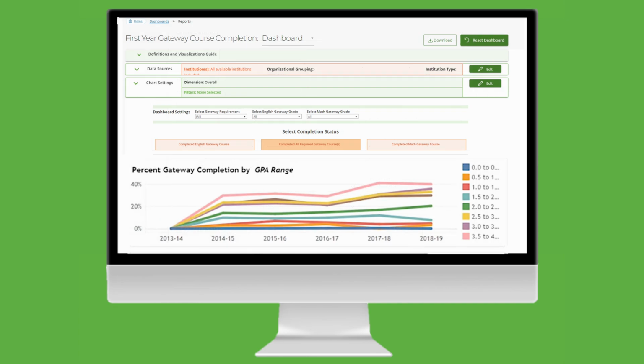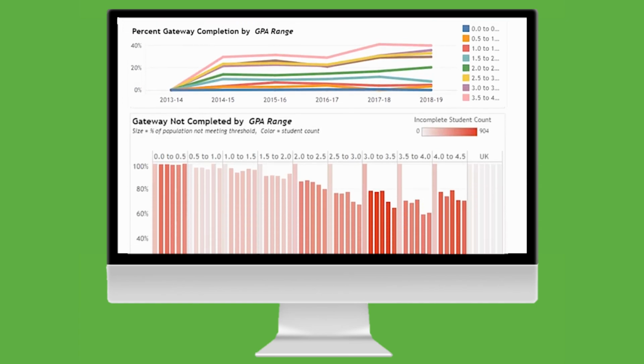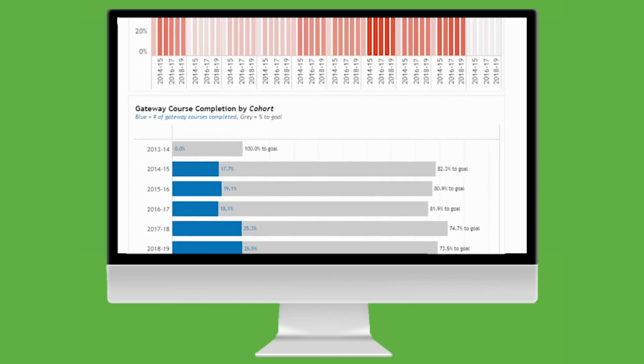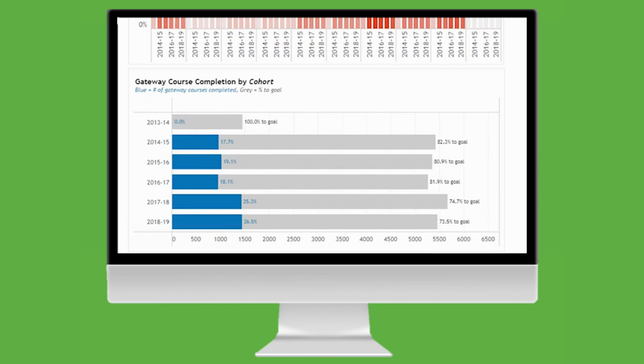The lines in the line chart represent completion rates for each GPA range. In addition, a section for each GPA range is shown in the bar chart. But the horizontal stacked bar chart remains unchanged. This chart provides an overview of the dataset and remains unchanged when dimensions are applied.